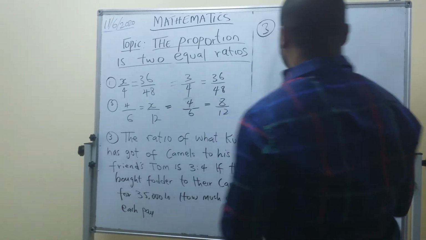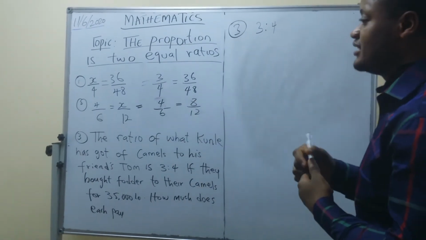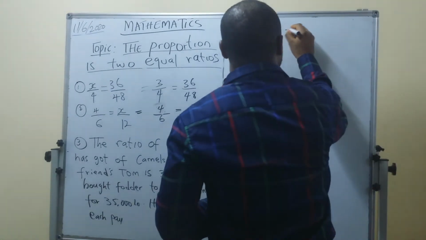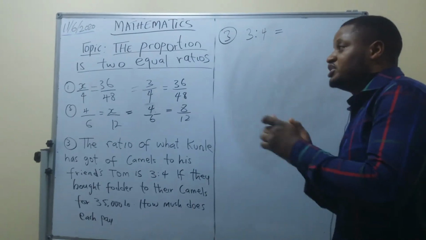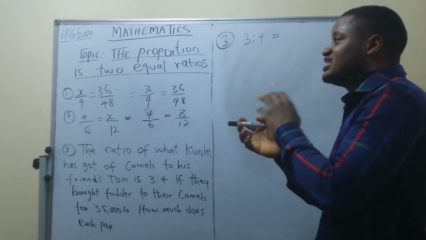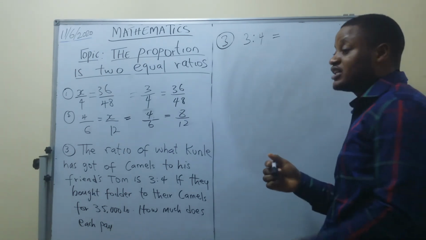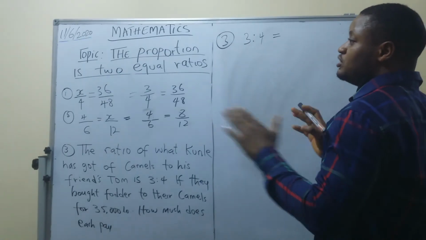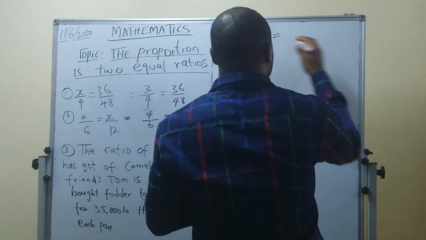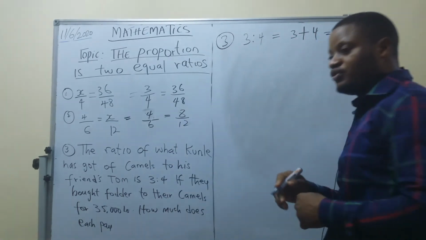Now you start with ratio 3, ratio 4. The first thing you need to do is add their ratios together to create a fraction. Like we did in the previous class, we multiplied and got the LCM of both ratios to create another fraction. But here you are not going to multiply. You add their ratios together. That is 3 plus 4.